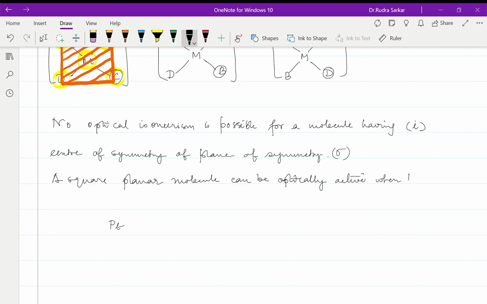when the ligand itself is chiral. So consider a complex such as Pt, Cl, Cl, and a chiral ligand.